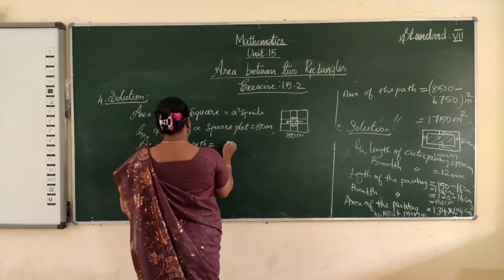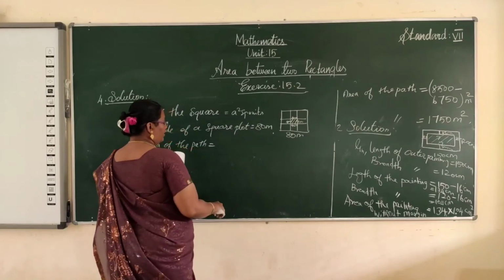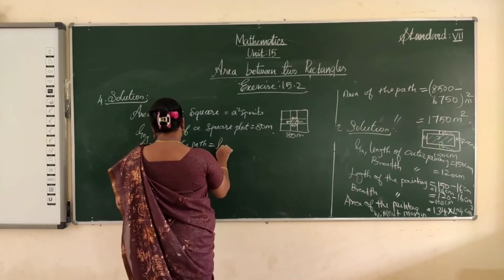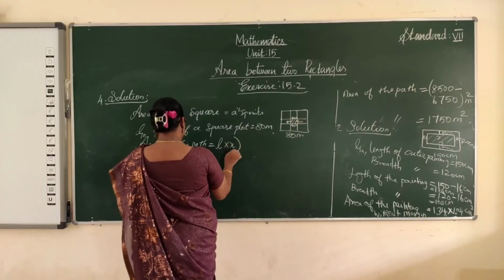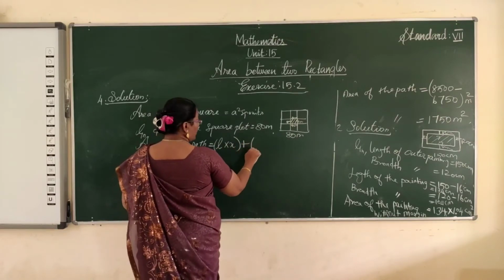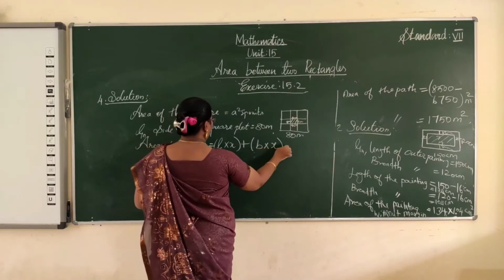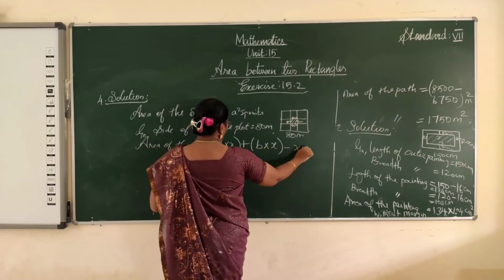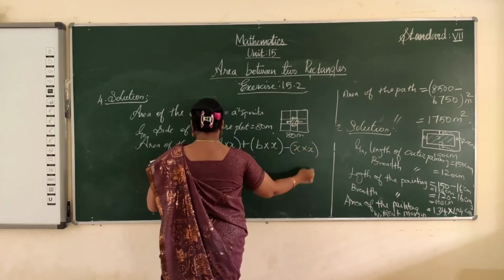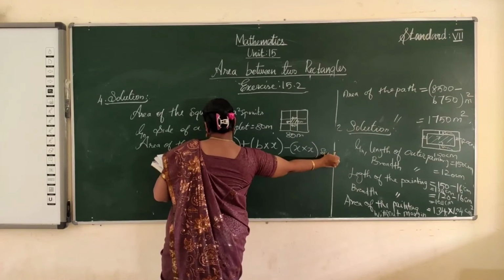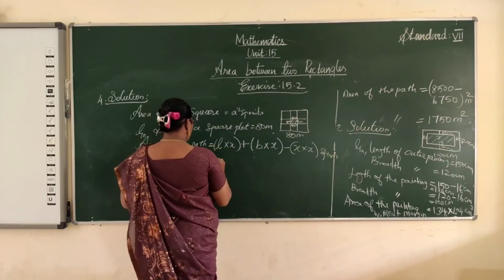The area of the path along the length. Okay, along the length. So what is that formula? L into x, plus b into x along the breadth, minus the middle area into square units. Okay, so here L is 80.